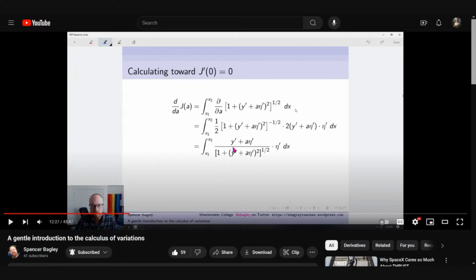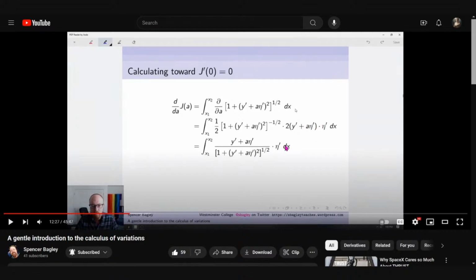And then the next step is, so he says y prime plus a eta prime at the top. Okay, so 2 and 1/2 cancel out. Y prime plus a eta prime is at the top.